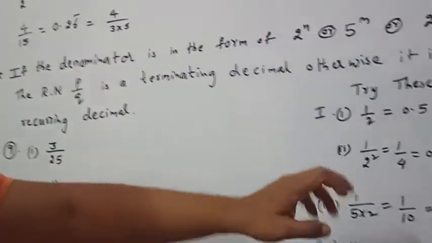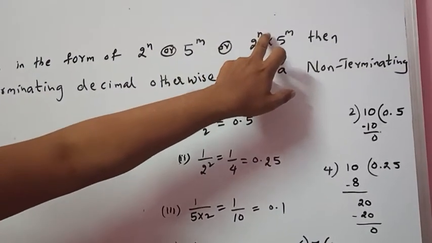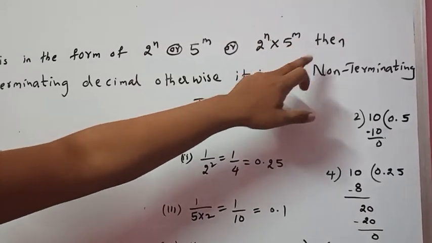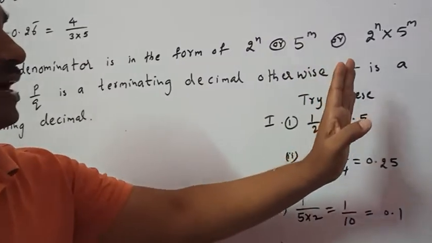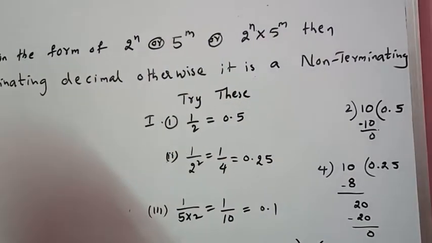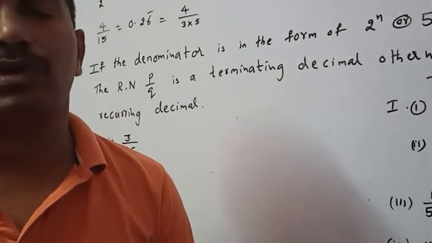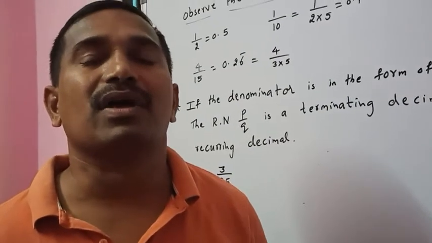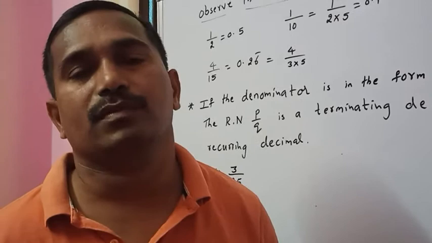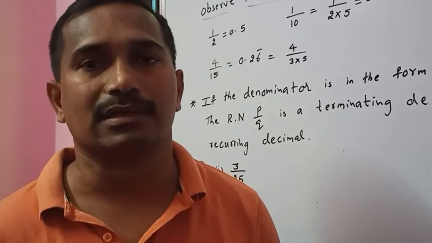So if the denominator is in the form of 2 power n into 5 power m, then the rational number is a terminating decimal. Otherwise it is a non-terminating decimal. That means, remember, if the denominator has factors other than 2 and 5, then that is non-terminating.